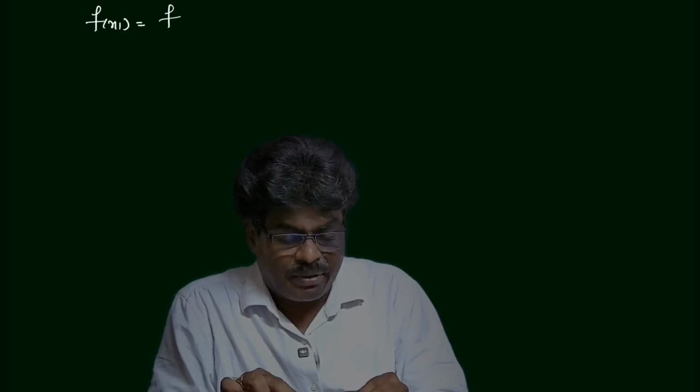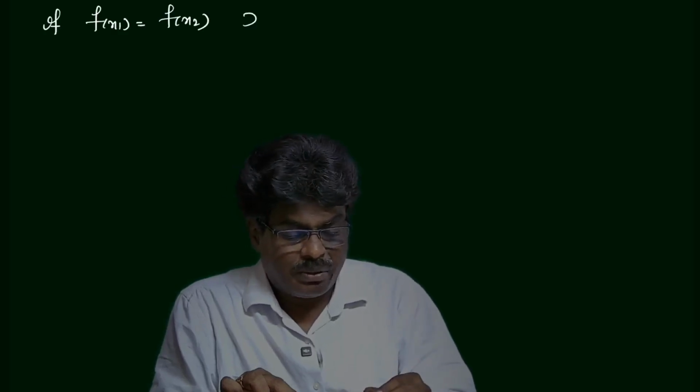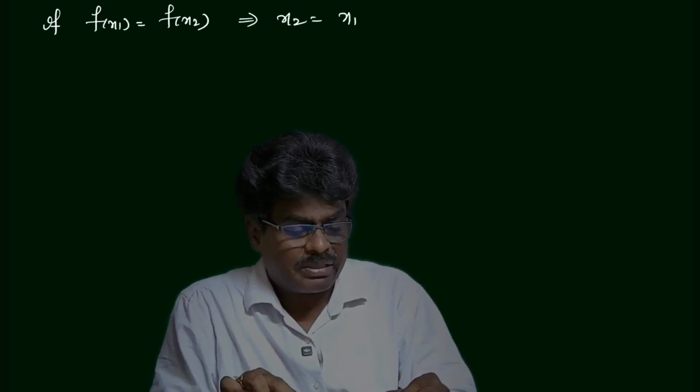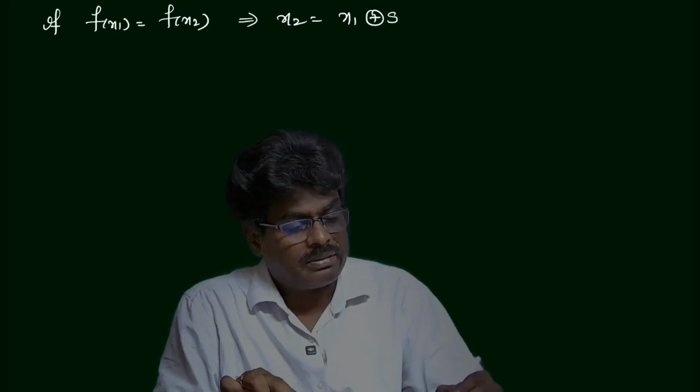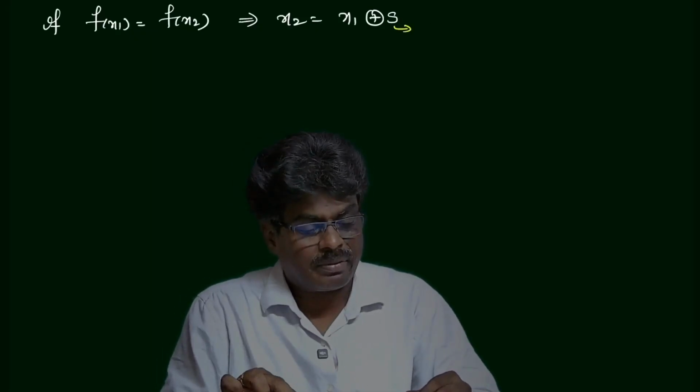Let us take the algorithm again. Here I am going to explain how we get the tabular form, that input and output. So once again, go to this algorithm. Here we have f of x1 equal to f of x2, which is possible only when x2 equals x1 XOR s, where s is some hidden periodicity.